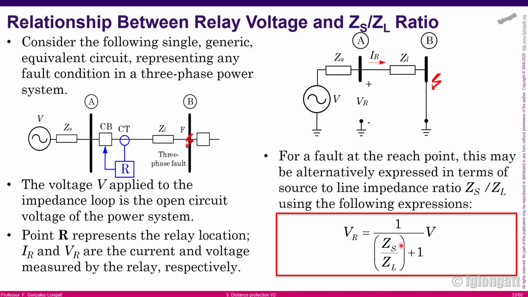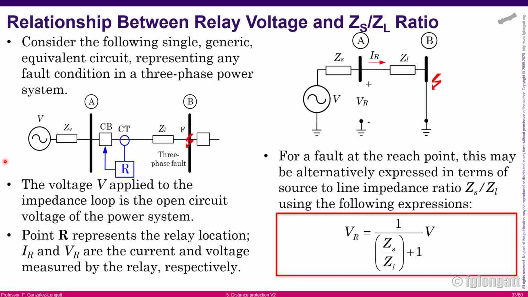The number that I care about is this ratio. ZS is the source impedance, and in the denominator you find ZL, the impedance of the line. That ratio between the source and line impedance is what defines the voltage at the relay location.